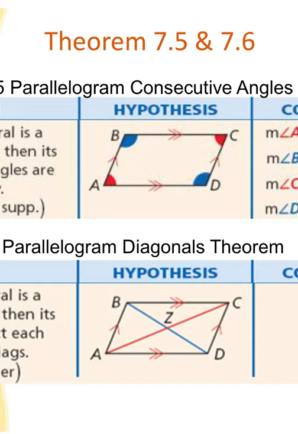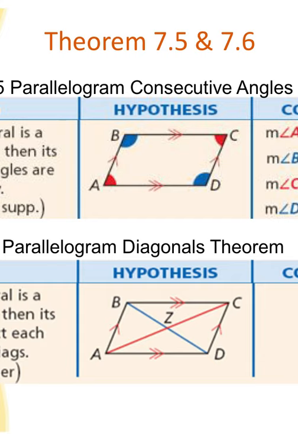The parallel diagonals theorem. Remember, a diagonal goes from one vertex to the other non-consecutive vertex. In a parallelogram, there's only going to be two diagonals. What's so special about the diagonals is that they bisect each other, okay? So point Z is the intersection of the two diagonals.